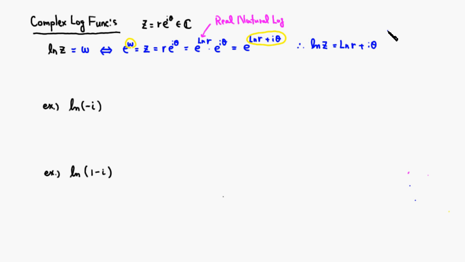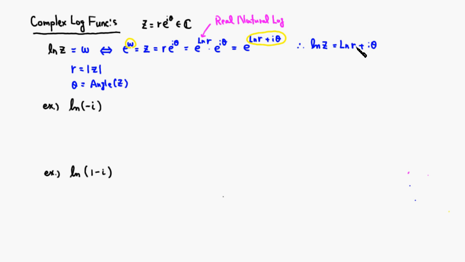Here r is simply the absolute value of z, so it's very easy to find, and theta is simply the angle of z. So the natural log of z is the natural log of the absolute value of z plus i times the angle of z.